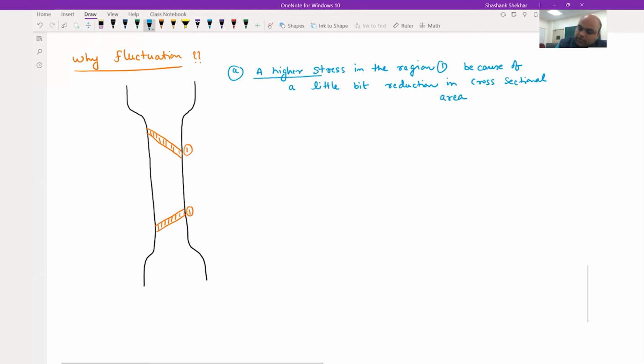So you are going to see an increment in stress in that particular region. And second, stress concentration due to high dislocation density.